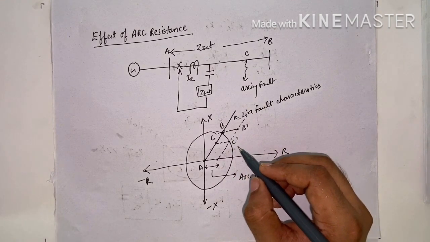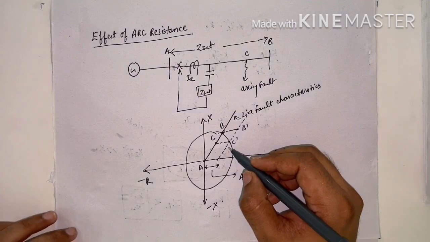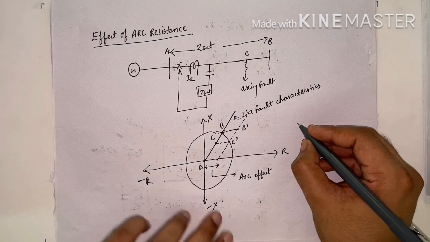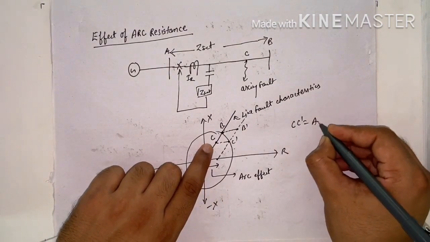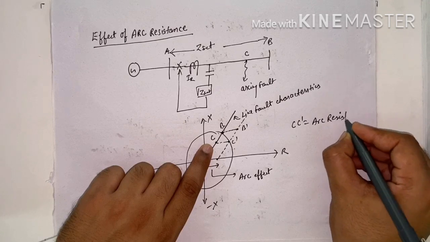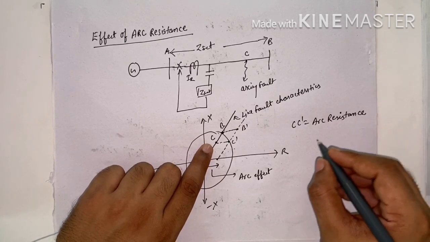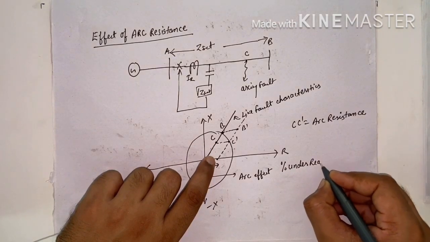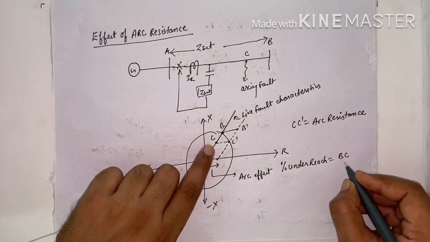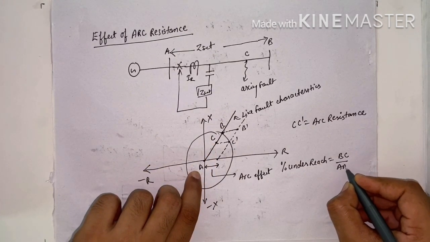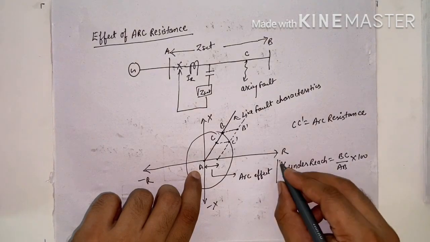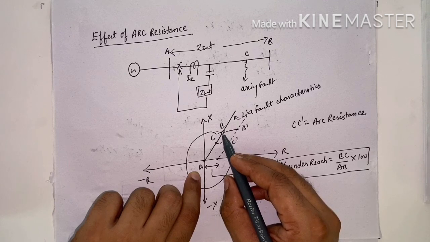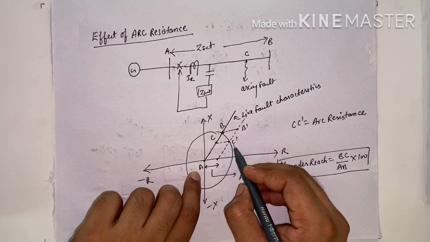So with the effect of arc resistance, the range of the relay will decrease. Here we will see that C dash equals the arc resistance, and if we find the underreach percentage, we will see BC divided by AB, and we multiply by 100, and we will get the underreach of the relay. The operation point B is shifted to C dash.